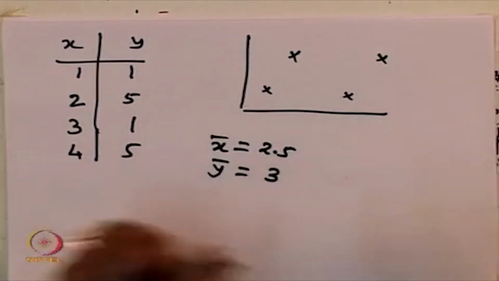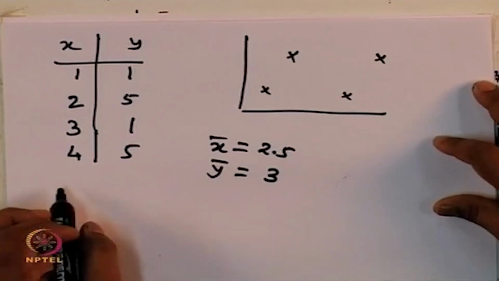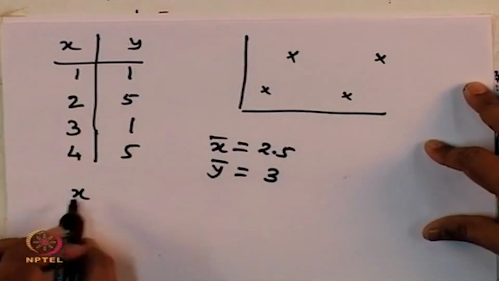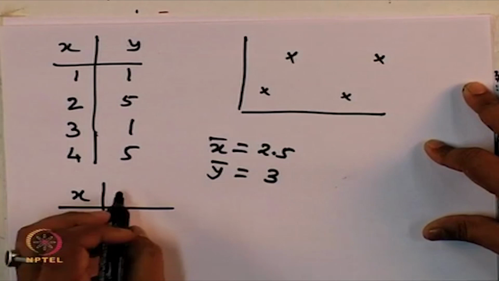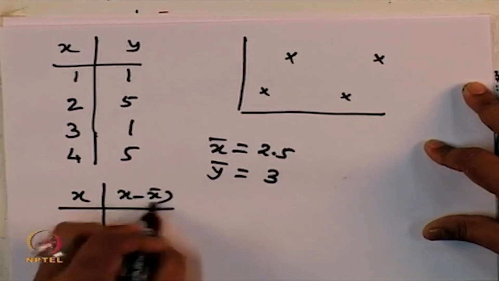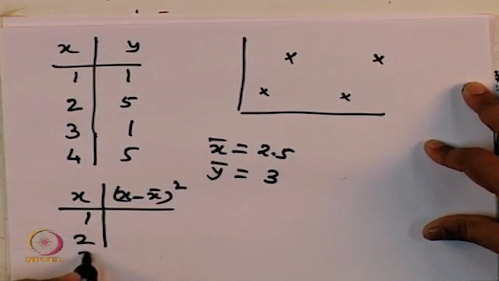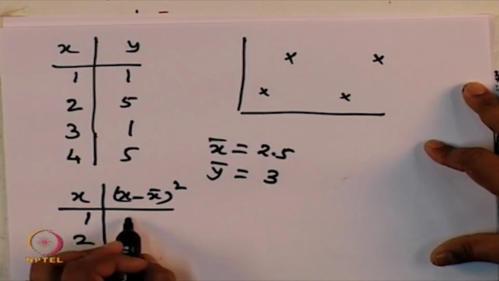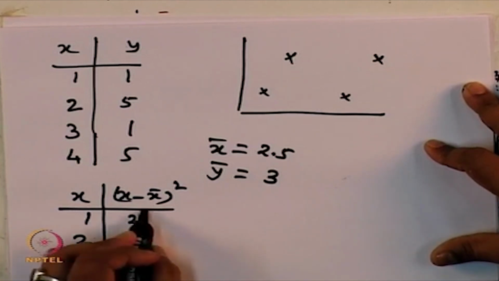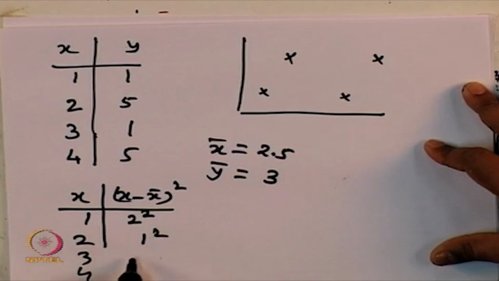Okay. So, let us find out the standard deviation Sx. So, if I know the value of x minus x bar whole square for 1, 2, 3, 4, it is 2 square, 1 square, 1 square, 2 square.